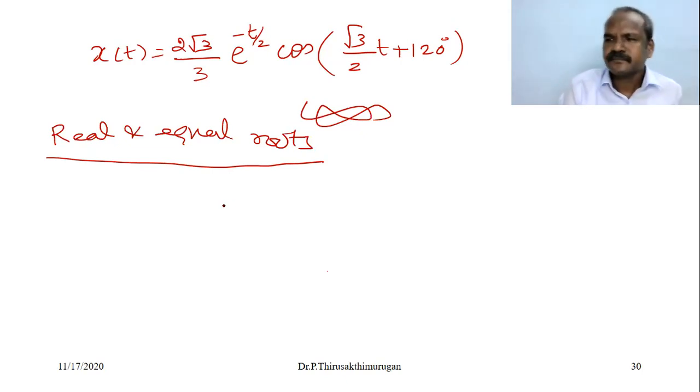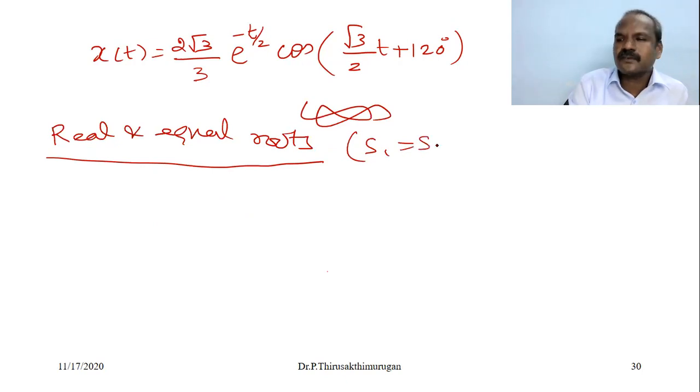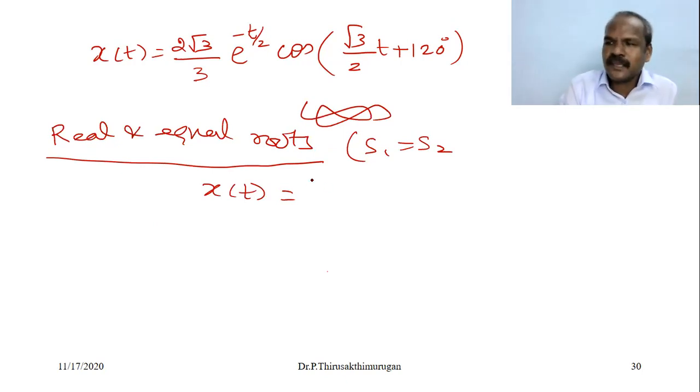Okay. So when we have real and equal roots, when the roots are equal, s1 equal to s2, same expression for solution, but values are varying. Okay, c1 e power s1 t plus c2 t e power s2 t.